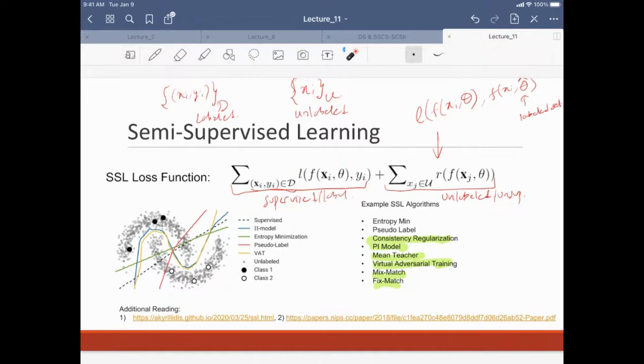You have your labeled loss and you have your consistency regularized loss on your unlabeled set. For example, VAT, magically, with just 6 labeled points on the two moons data set, is able to retrieve this kind of more complex decision boundary. A lot of this has been done in the last 2-3 years, maybe 4 years, in the deep learning, machine learning community.